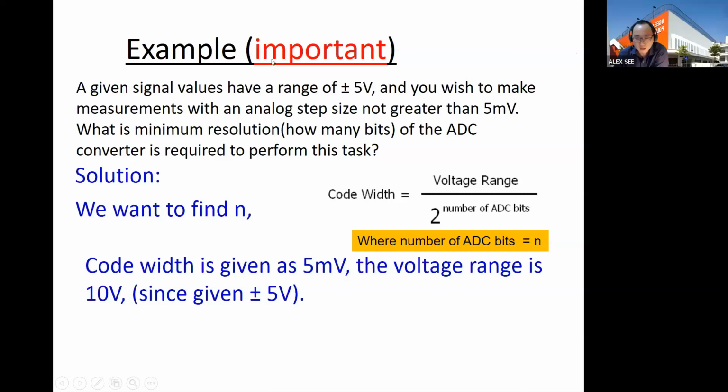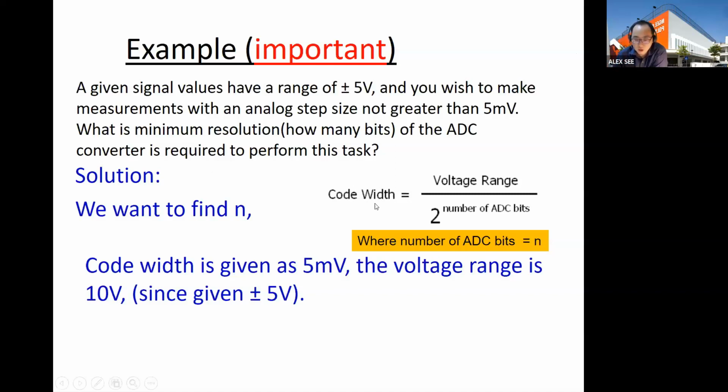The important thing is that the ADC, the analog to digital converter, is basically an electronic chip that will convert the analog quantity into the digital. So we need to understand some of the terms.